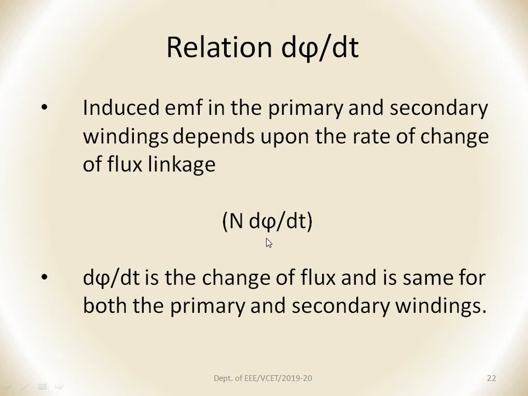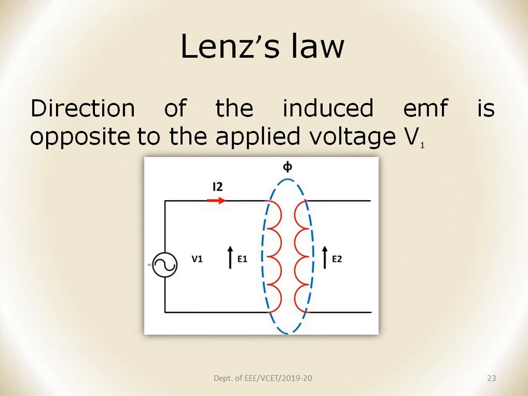That alternating flux, varying with time, along with the number of turns, produces an EMF, and this induced EMF depends upon the number of turns in the primary and secondary. So the voltage depends on the number of turns wound in the secondary and primary coils of the transformer.